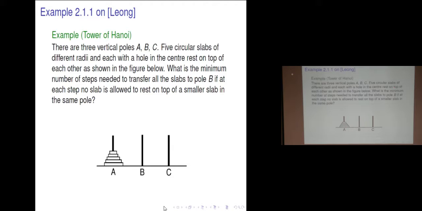What is the minimum number of steps needed to transfer all the slabs to the pole B, if at each step no slab is allowed to rest on top of a smaller slab in the same pole? In other words, you keep the order, okay?